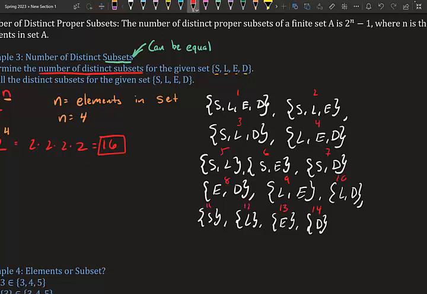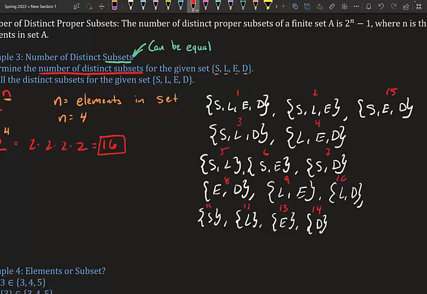We're supposed to have 16. So if we look at our SLED, okay, that's good. SLE, SLD, LED. What about SED? If we did SED, which we forgot, and that's okay, we have 15.